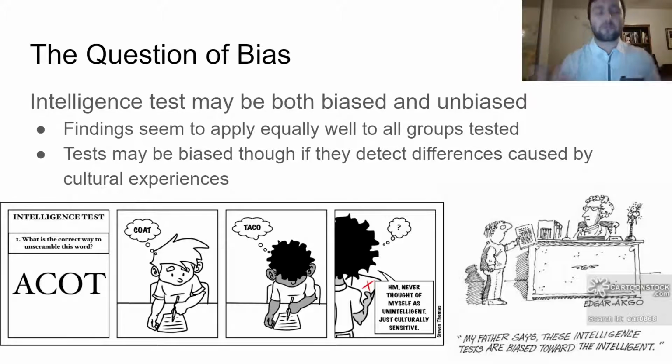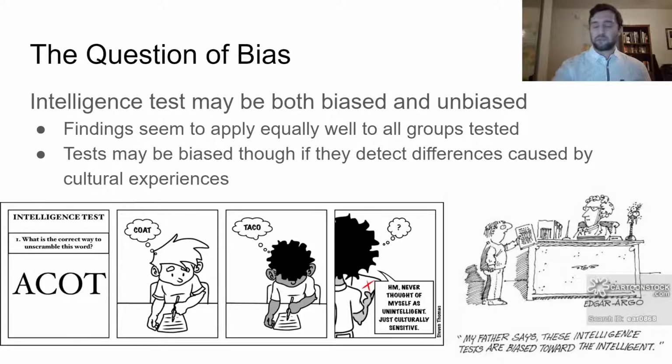So this is one of those fine lines that these tests have to straddle. There's an argument where some people would say, well, yes, it's culturally biased, but the reality is those cultural biases and cultural backgrounds are going to influence their ability to succeed later on.